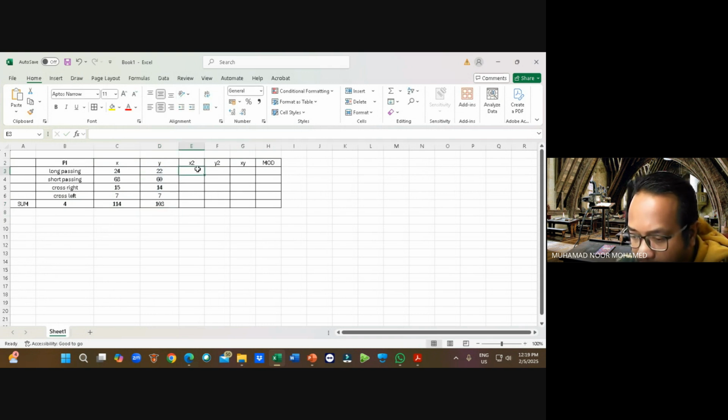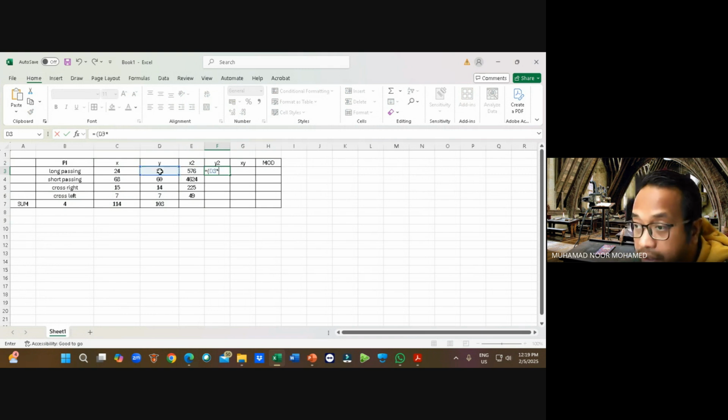And then we are going to calculate x squared. We have x multiplied by another x, so that will be x squared. Then we have the sum of y squared, which is y multiplied by another y. And then we have the sum of xy, which is x multiplied by y.